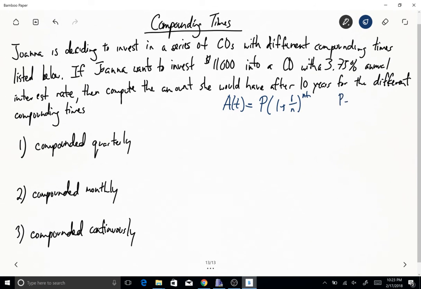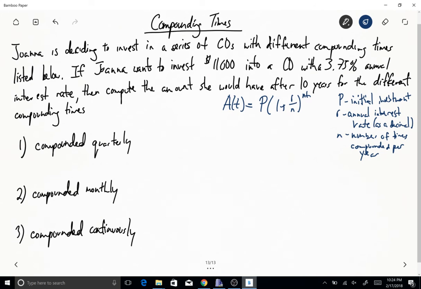In this case, P is the initial investment. r is the annual interest rate as a decimal. n is the number of times compounded per year. t is the time in years. And A of t is the final amount.